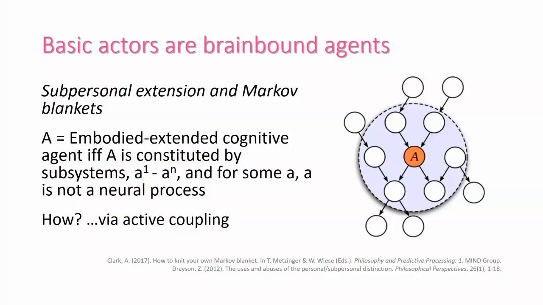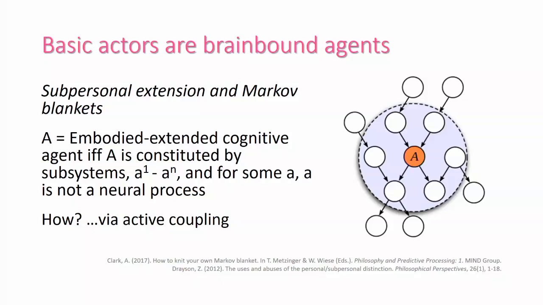If in the process of this we find a contribution of a non-neural process, then the state is an embodied extended state. And so more generally, if an agent has personal level states that are amenable to this kind of functional analysis, then that agent is to that extent an embodied extended agent.